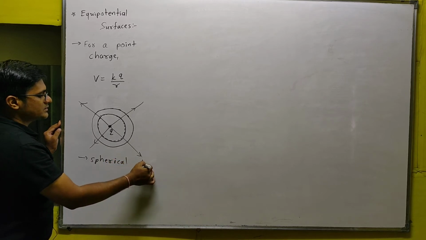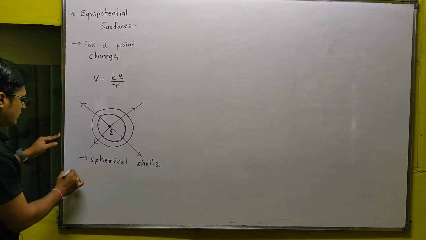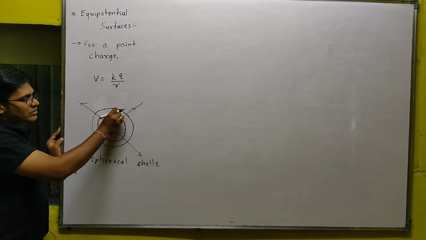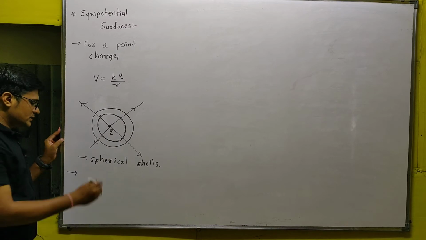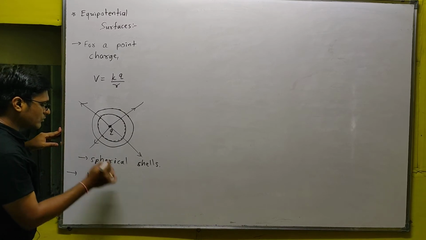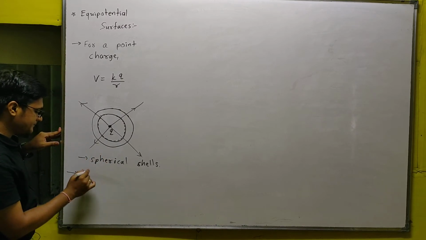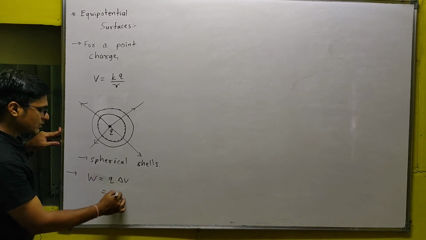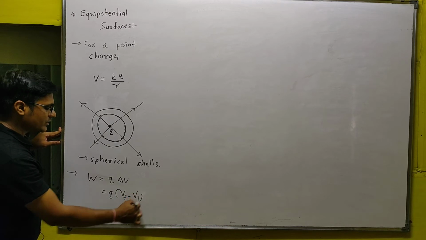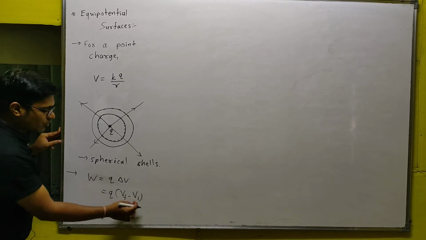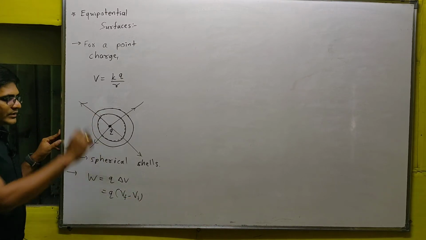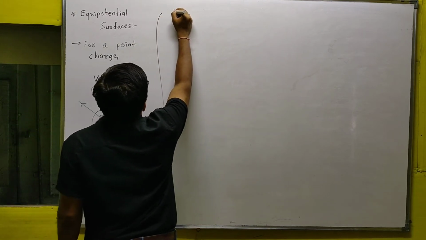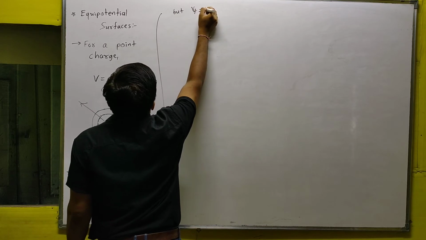Now we will find the work required to move any charge on this equipotential surface. The work required to move any charge is given by q into delta V, that is, final potential minus initial potential. But if these 2 points are on an equipotential surface, then the potential at both points is the same.